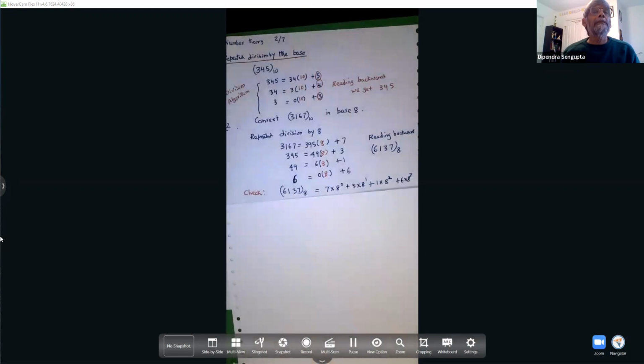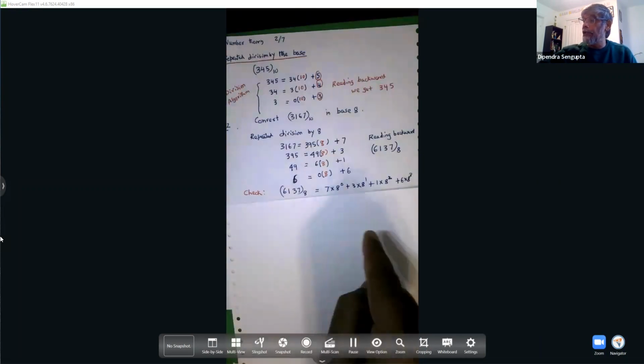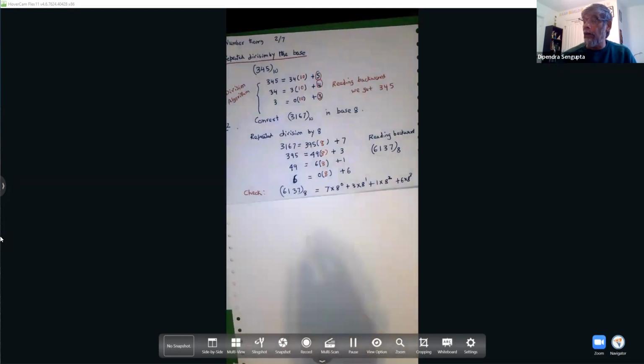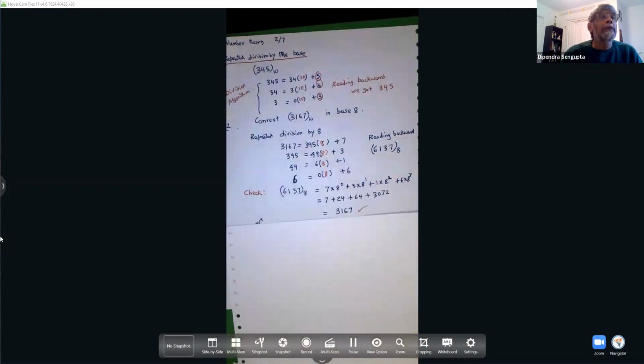So this is how you learn to convert from any base to decimal, or base 10. You do it backward, 7 times 8 to the power 0, 3 times 8 to the power 1, and so on. And when you work this out, you get 3167.